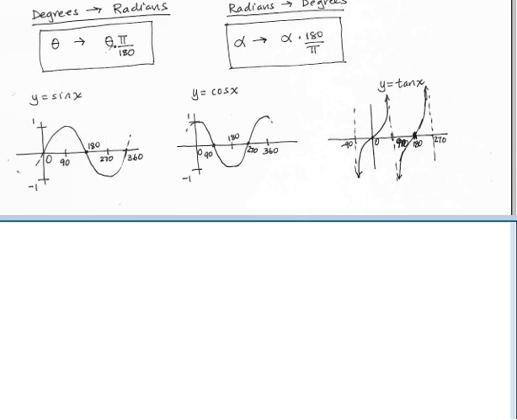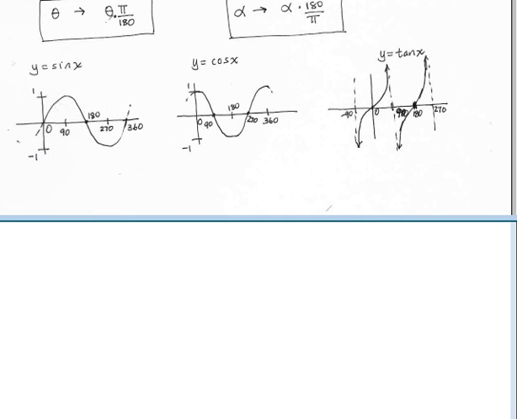We had a method before where we could find the sine and cosine values of quadrant angles by looking at the coordinates of these 4 points: cos 0, sine 0, cos 90, sine 90, etc. You can do that, or you can remember them if you know the graph of y equals sine x. For y equals cosine x, we have cos 0 is 1, cos 90 is 0, cos 180 is -1, etc.